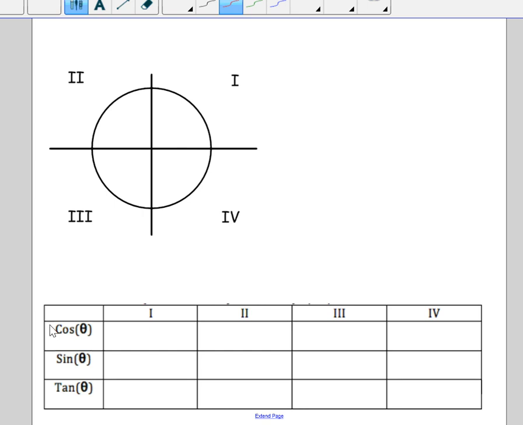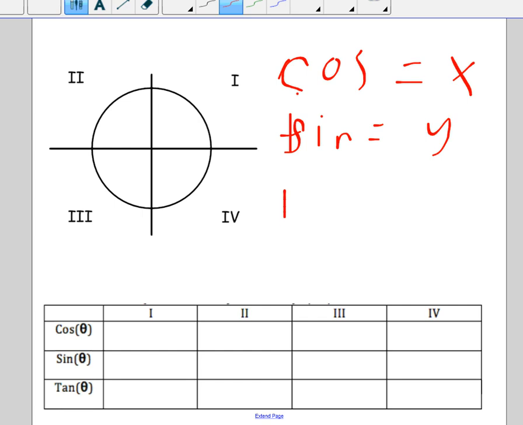So let's think about any given angle on this unit circle. Cosine is equal to x, sine is equal to y, and tangent, we said, was y over x.